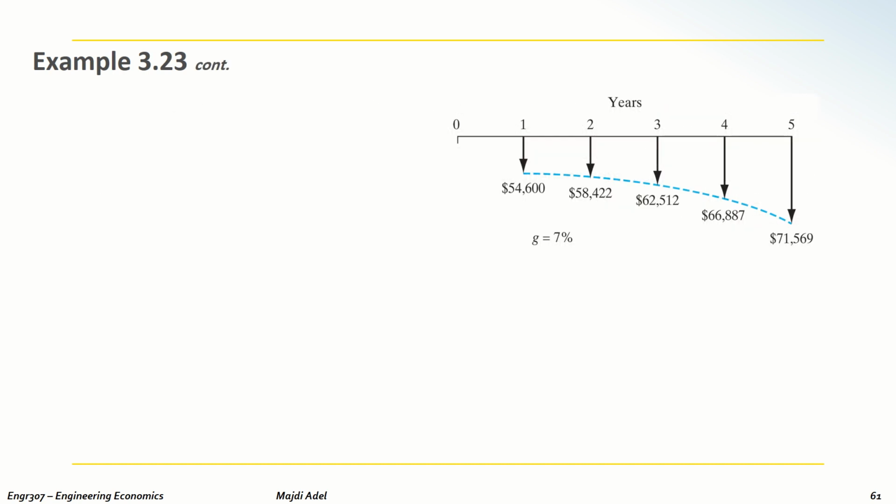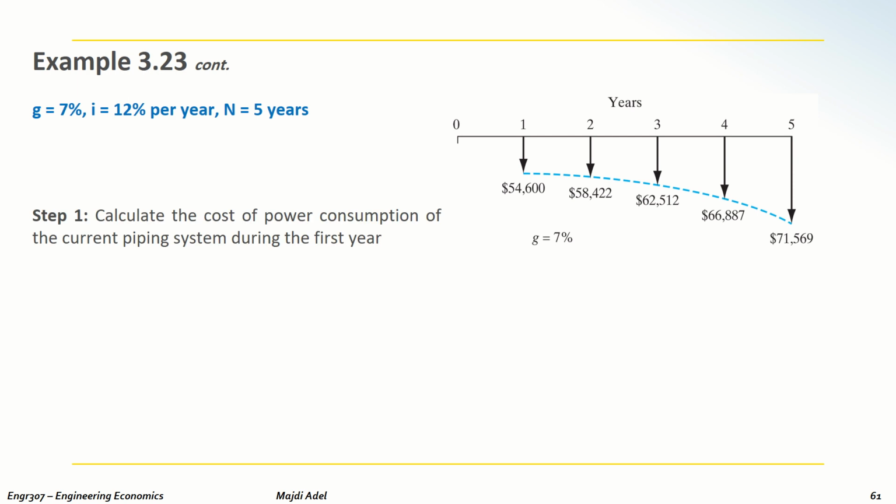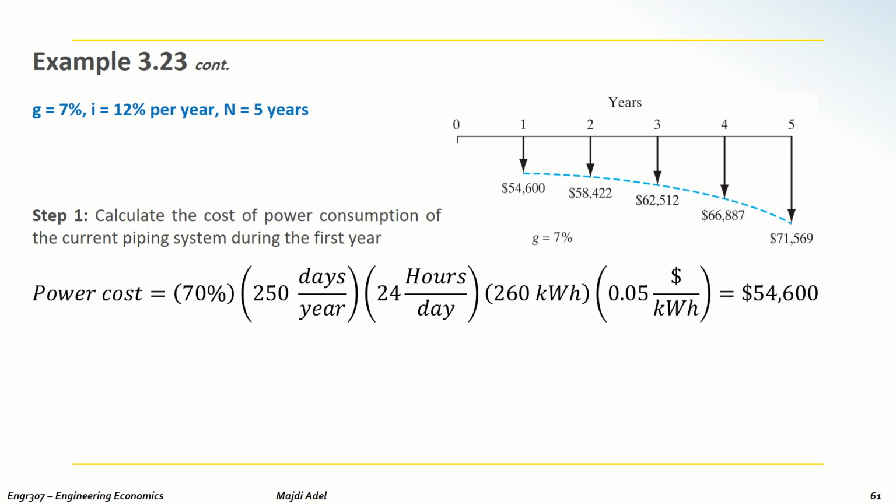Let's consider the first case, or keeping the situation as it is. We are going to calculate the power cost for the first year. The power cost for the first year is the equation as you see it. So the 70% is the operating percentage of all the time. If I multiply it by 250 days per year, this will give me the operation days per year. كم يوم تشتغل عندي بالسنة.